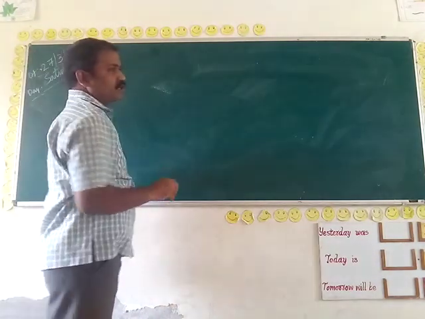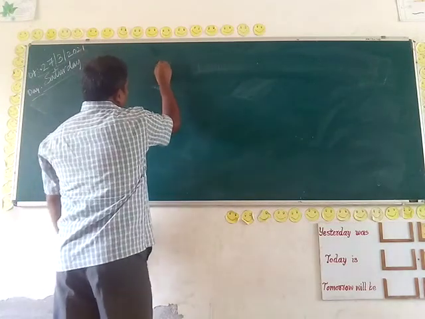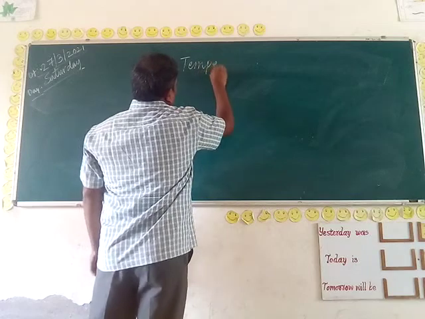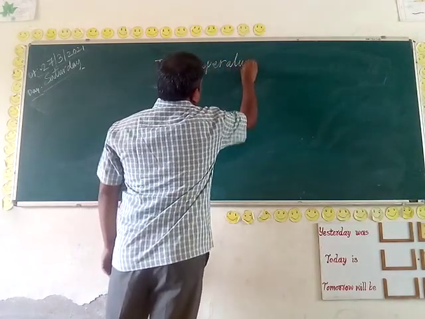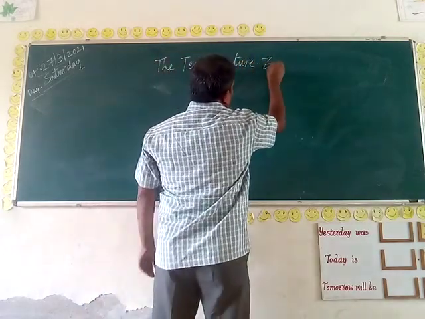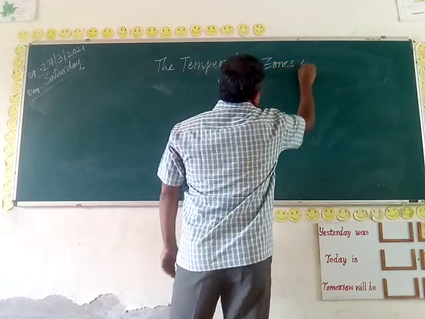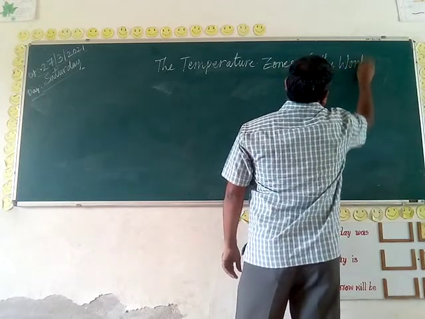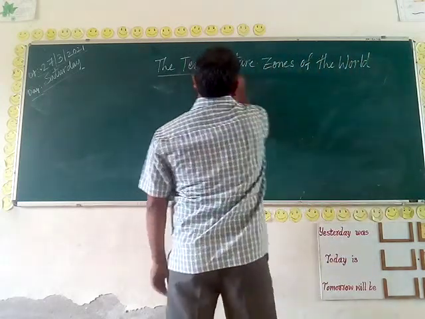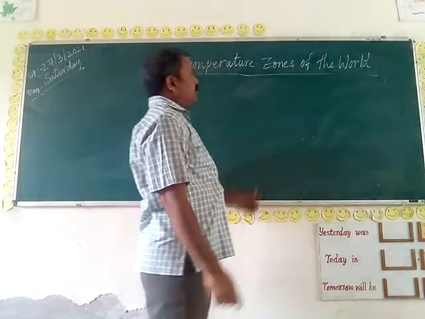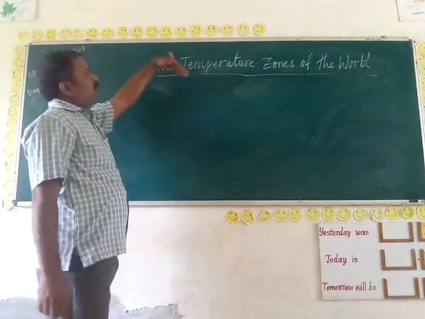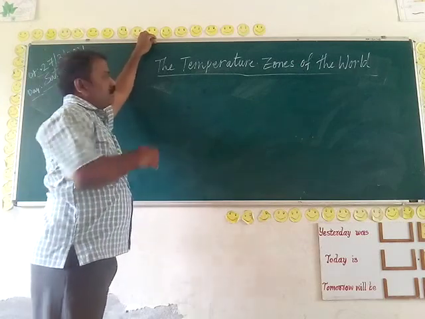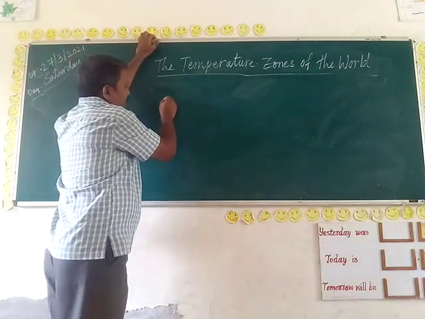What is our topic? The temperature zones of the world. This is our topic. So from this topic, what are the learning objectives? That means what we are going to learn. First of all, what is the climate?